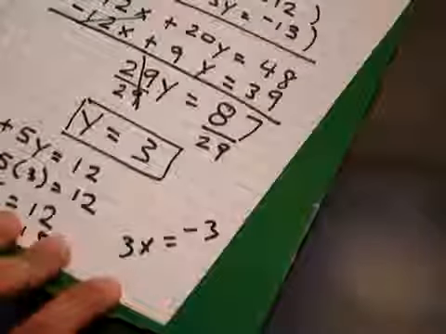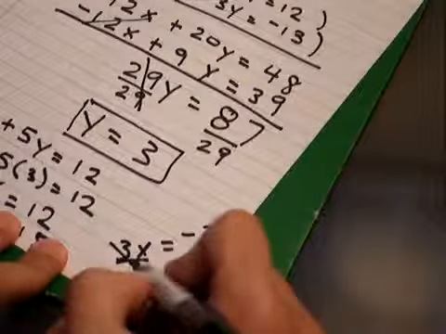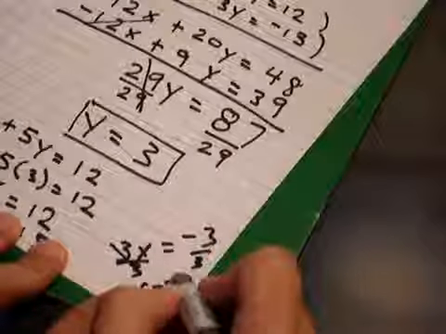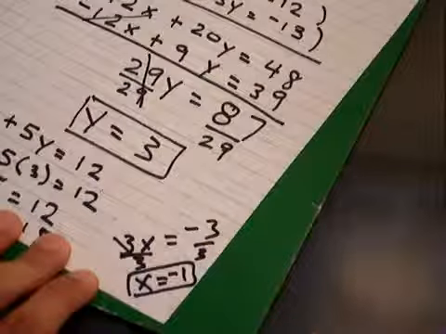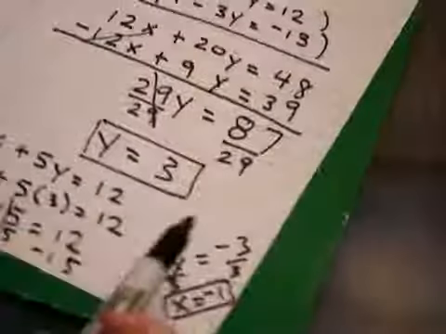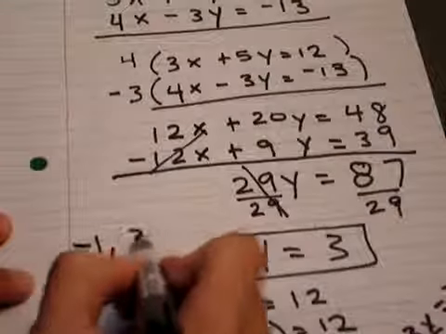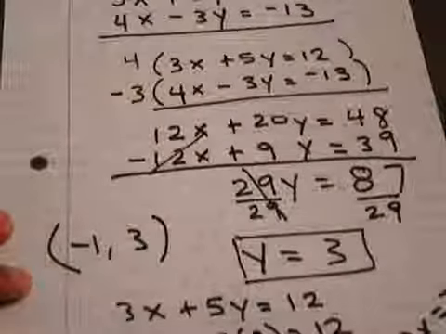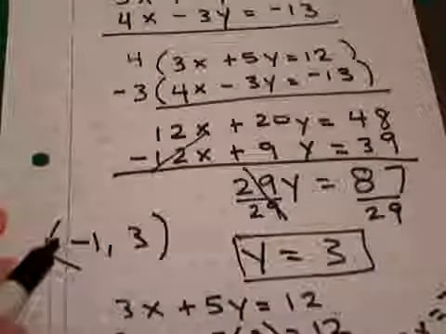You divide by 3, and you get x is equal to negative 1. So now we have x is equal to negative 1, and we said that y is equal to 3, so the answer is (-1, 3). That is the coordinate point at which these two equations intersect.